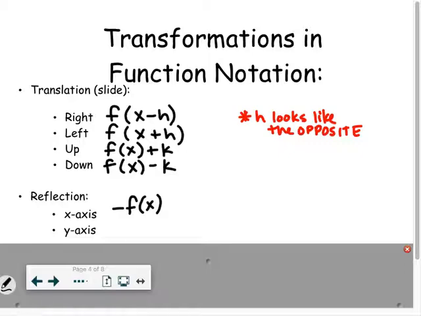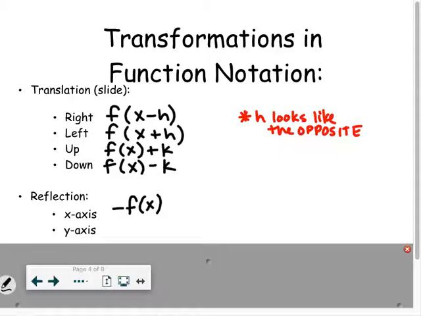A y-axis reflection, we're going to flip over the y-axis, and if you imagine a point, let's say I have the point 3, 2.